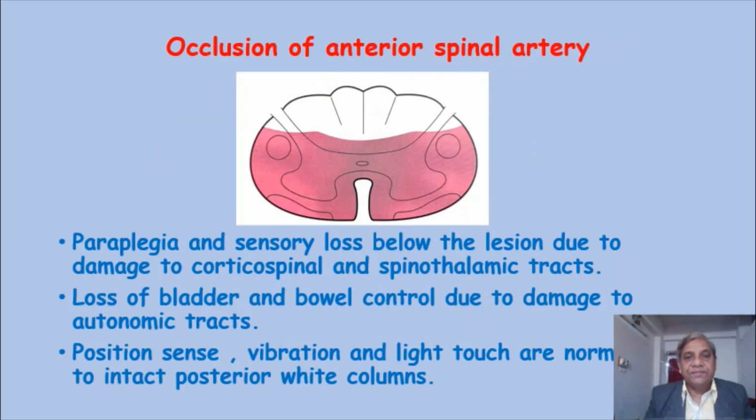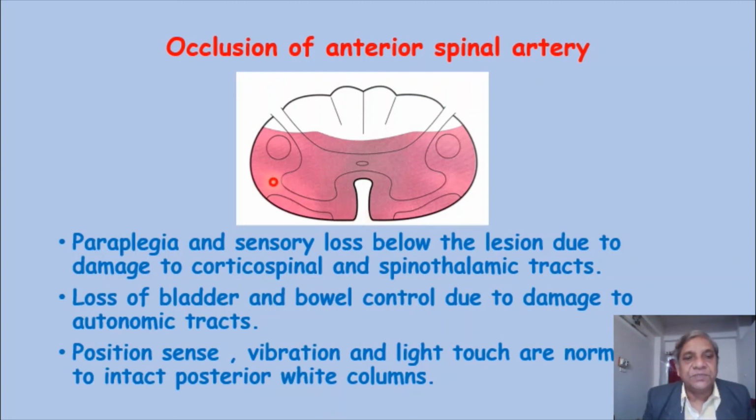Now, if there is an occlusion of the anterior spinal artery, which was placed here and was sending branches medially and from the ventral aspect, and as I said the ventral two-thirds of the spinal cord is supplied by the anterior spinal artery, and this artery gets occluded due to thrombosis or any other reason, this will lead to paraplegia.